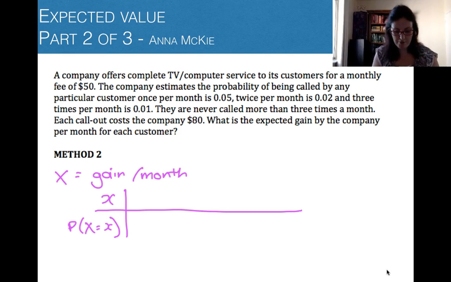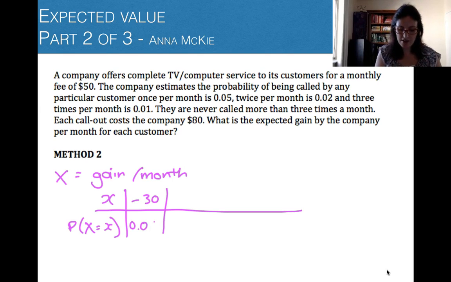So again, read through the information. So if they get called out once, a customer's paid $50, but it costs the company $80. So we've got that 50 less the 80. So if they get called out once, they're actually losing $30. So that's another way of writing it.